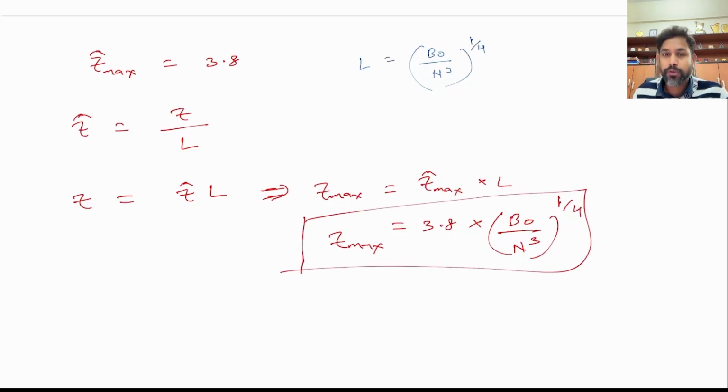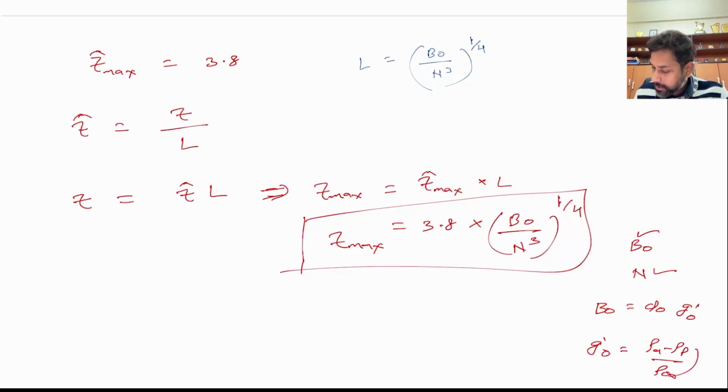So for a particular plume, B naught is known, and also N is known for the ambient. So if you know the B naught value, which is Q naught times G prime naught, and G prime naught is again defined as rho A minus rho P by rho infinity times G, where rho P is the injected plume density, rho A is the ambient density, and rho infinity, for this particular case, you can assume to be the ambient density at Z equal to 0.